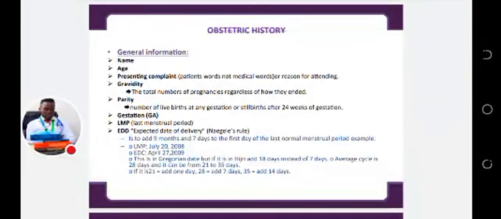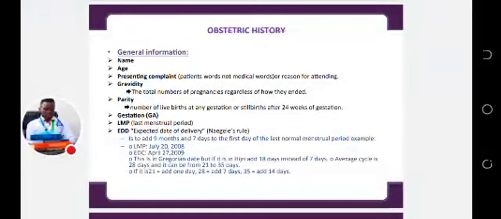Under presenting complaint, we're referring to the patient's words, not medical words, or the reason for attending. You ask the reason why they have come to visit, what has brought them to the clinic or to your station.